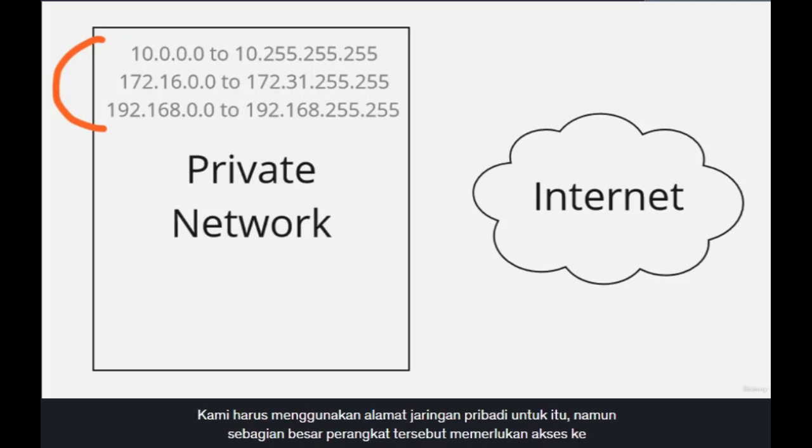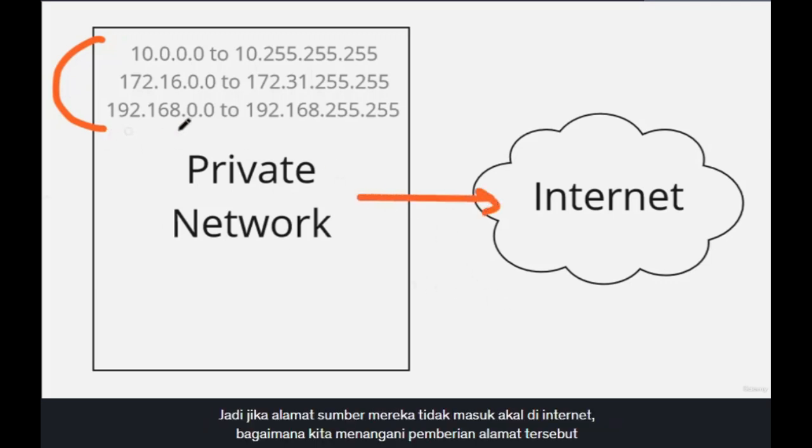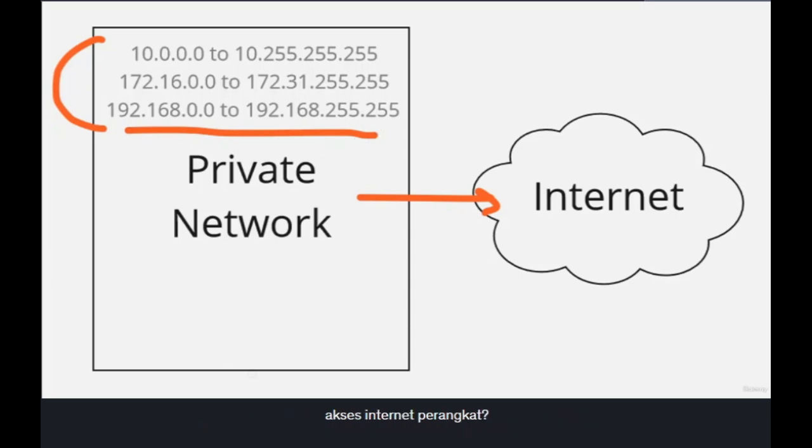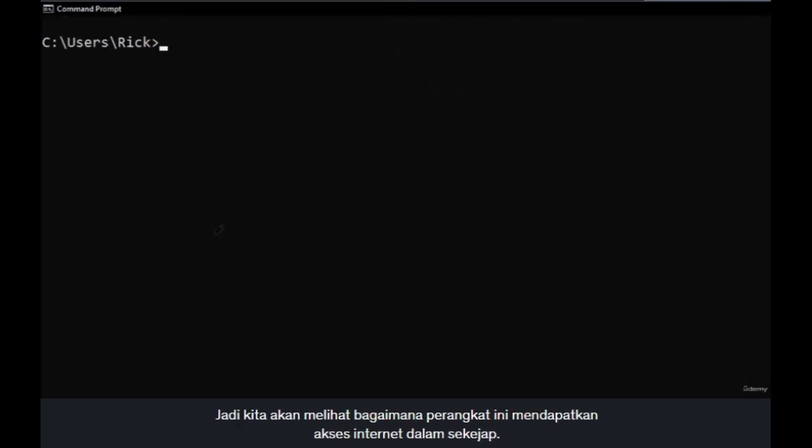We have to use private network addresses for those. But most of those devices do need access to the internet. And so if their source address doesn't make any sense on the internet, how do we handle giving these devices internet access?